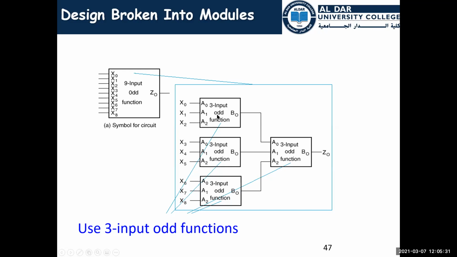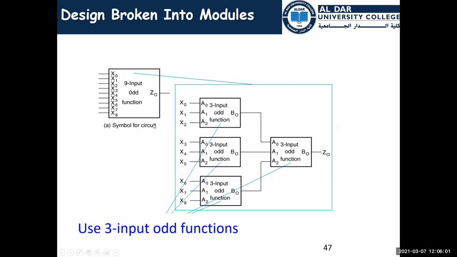Now I have the functionality working, right? We have 9 bits, and if the number of ones in the 9 bits is odd, the output will be one. If the number of ones in the 9 bits is even, the output will be zero.